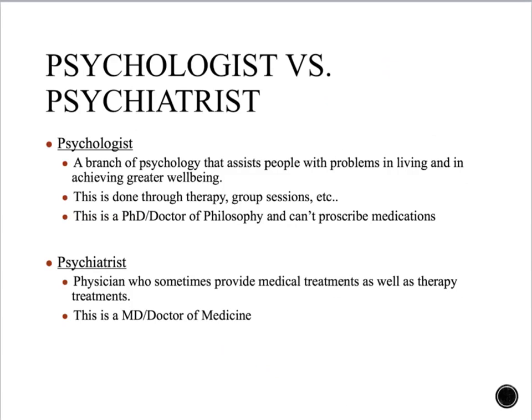Whereas psychiatrists are medical doctors. They are licensed to prescribe medications. So if a patient suffers from schizophrenia, they're more likely to see a psychiatrist because the psychiatrist can actually prescribe the medications, whereas a psychologist cannot.